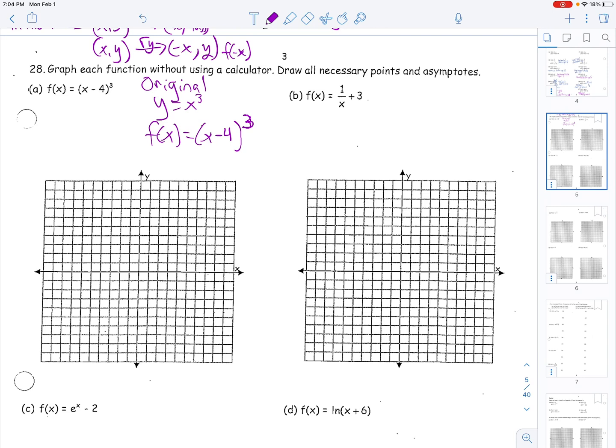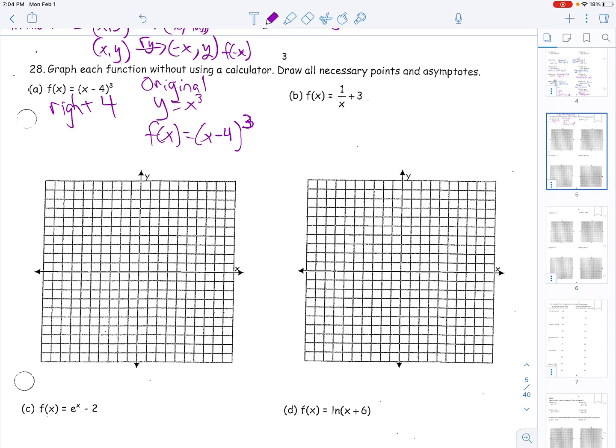This is a transformation of y equals x cubed. The 4 is in with the x. Horizontal shift. So this is going not left, but right 4 units. This is a graph of y equals x cubed shifted to the right 4 units.